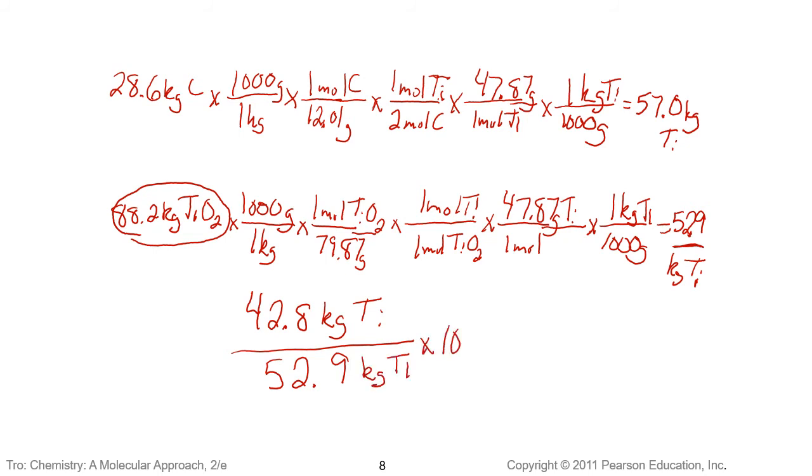Multiply by 100 to put it into a percentage. We get a percent yield of 80.9%. So we know that from this chemical reaction and the yield that we obtained, we had 80.9% recovery of the maximum that we could make.